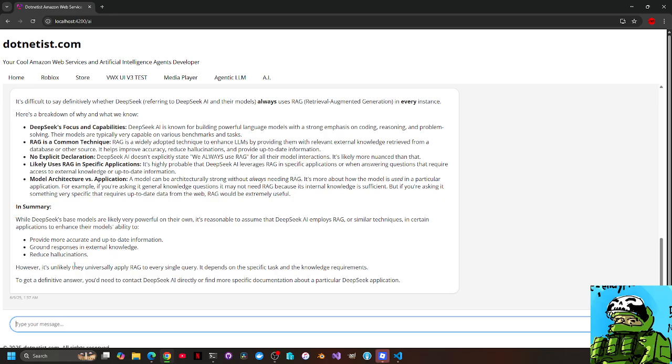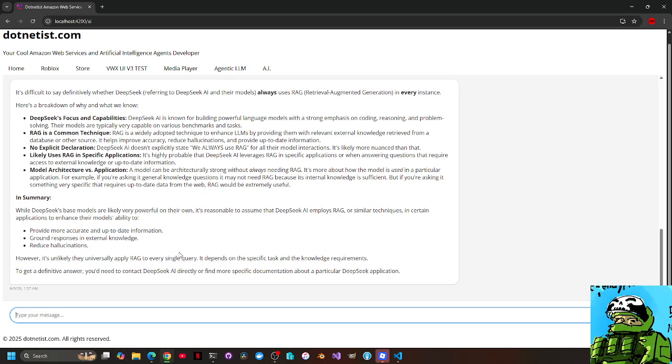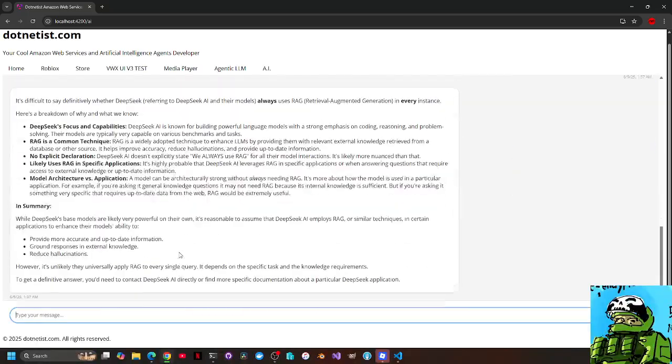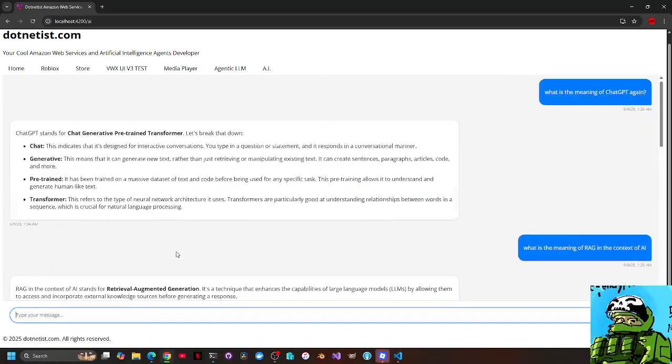However, it's unlikely they universally apply RAG to every single query. It depends on the specific task and the knowledge requirements. To get a definitive answer, you need to contact DeepSeek AI directly or find more specific documentation about a particular DeepSeek application.